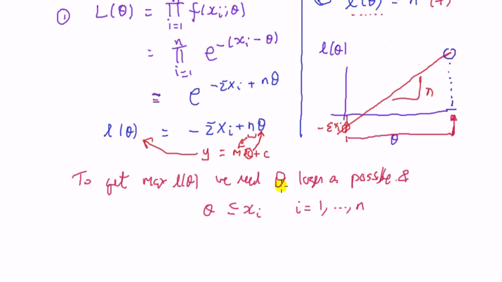So we want to choose the biggest theta that we can get, but at the same time the theta that we choose must be less than all these x's. Therefore, using logic, my solution, theta hat, must be the minimum value of these x's, the minimum over all the x's in the sample.